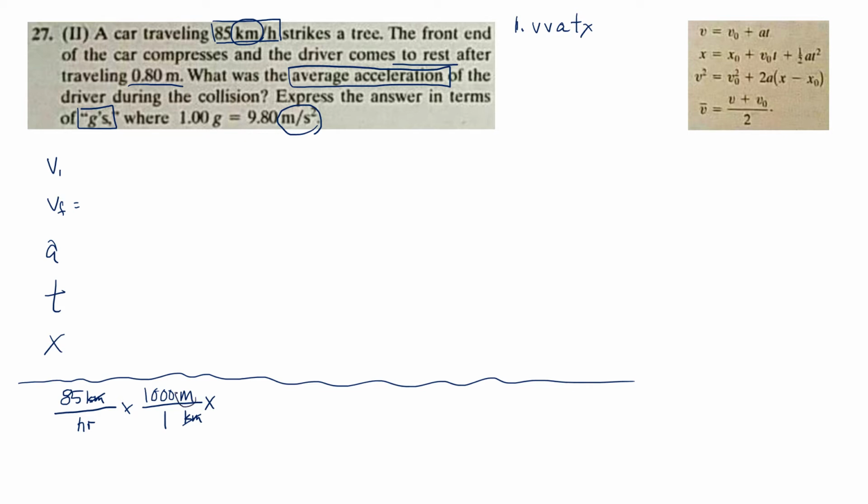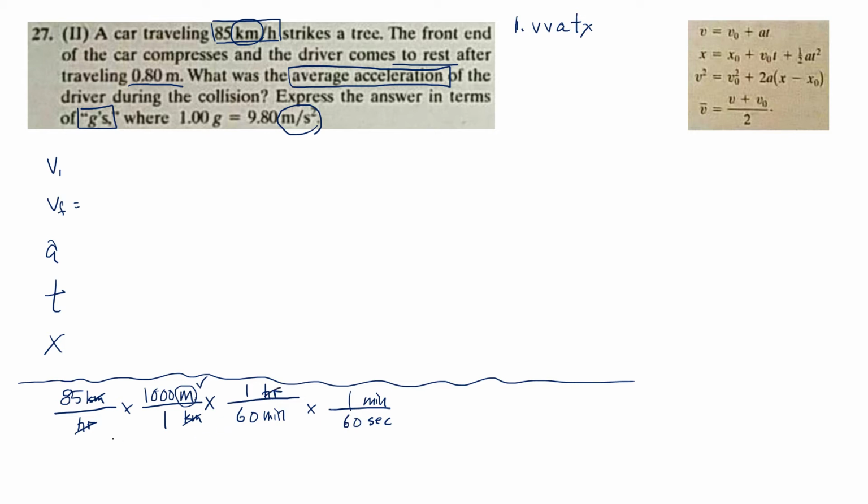So meters is good. But I want to get rid of hours. To get rid of hours, I'm going to write hours on top. Alright, and I could probably go to minutes. 1 hour is 60 minutes, and then let's multiply this and get out of minutes and into seconds. Right, 1 minute is 60 seconds.